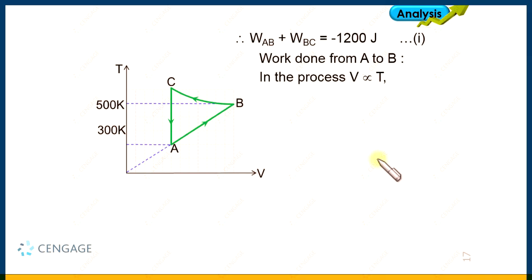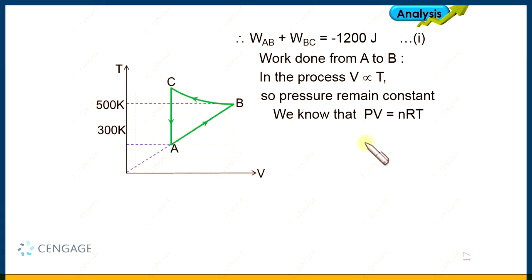Now, let us write the ideal gas equation again, that is PV equal to nRT. And we know work done equal to P delta V because pressure is constant. We can place the delta sign on both sides, and this side will become P delta V and this side will become nR delta T. And we know n equal to 2, R equal to 8.31, and delta T is equal to 500 minus 300, because the final temperature is 500 and the initial temperature in this process is 300.